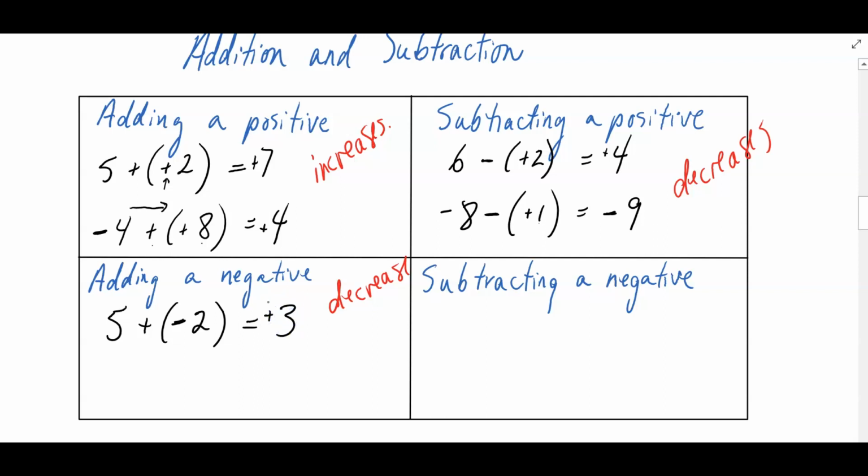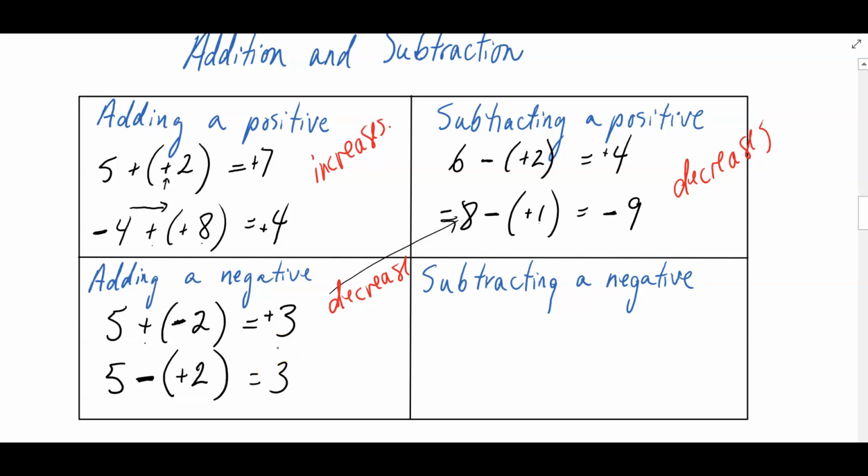And one of the things that's very helpful to remember is we can change the operation to negative. We can change the sign as well to positive. So we are essentially doing what we did over here. 5 subtract 2. Okay?